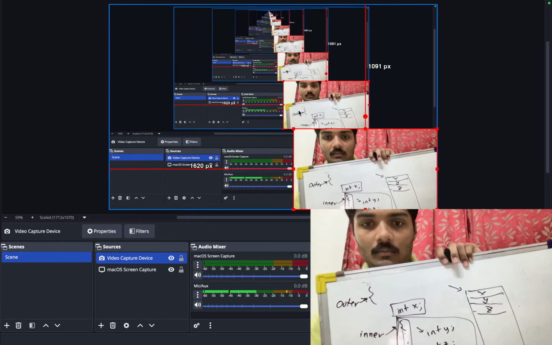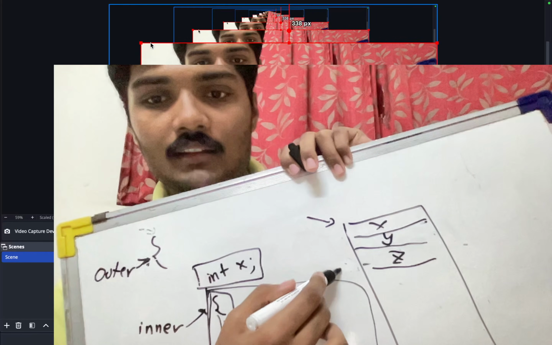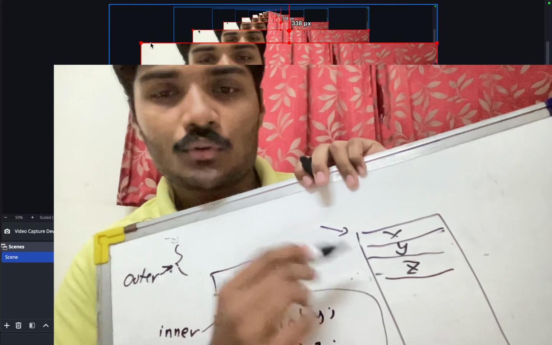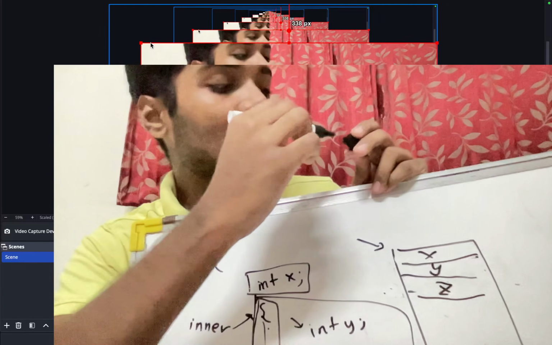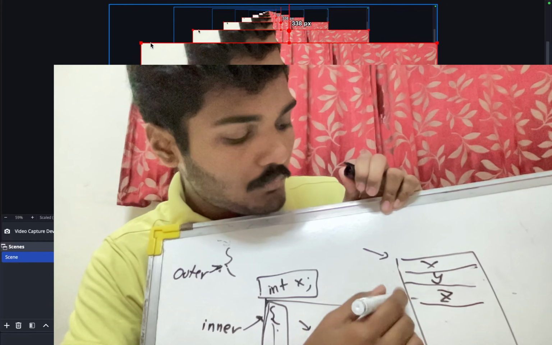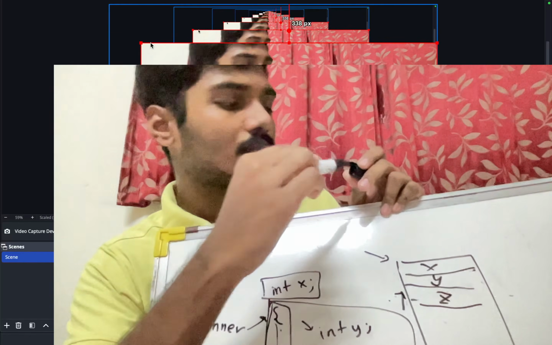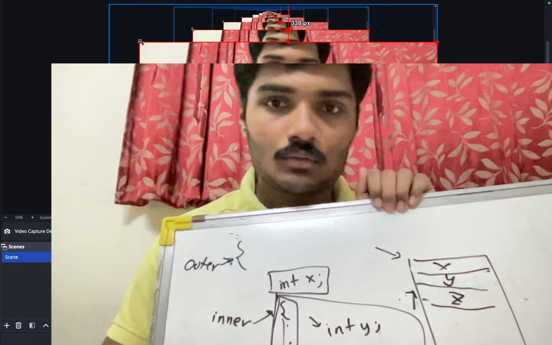If my stack has integer x, integer y and integer z, and I just want to free up integer x, I cannot do that because the stack doesn't allow that. I have to only free up in this direction. So that was one of the limitations that they discussed.